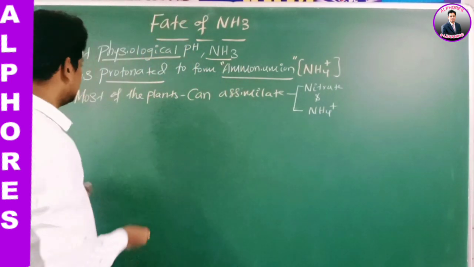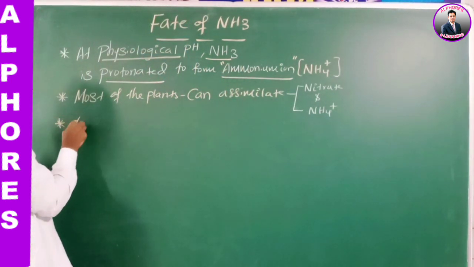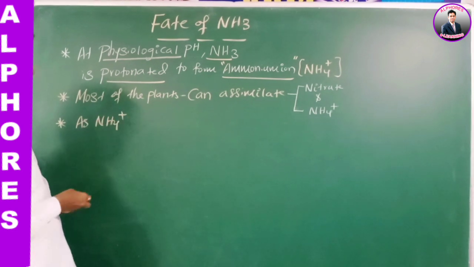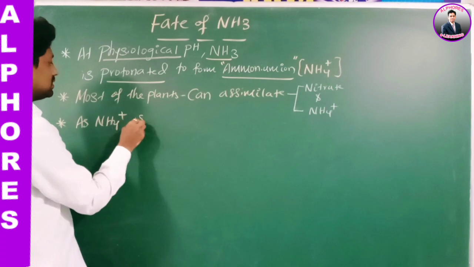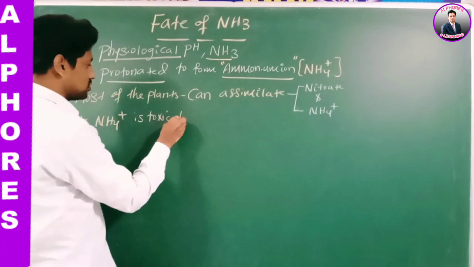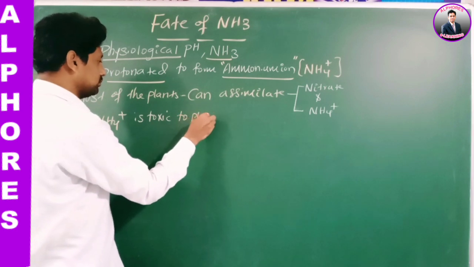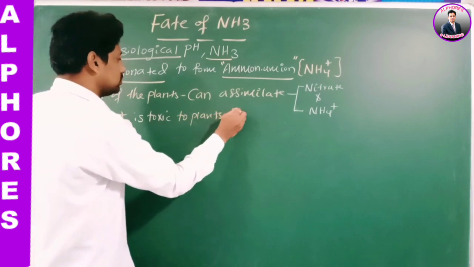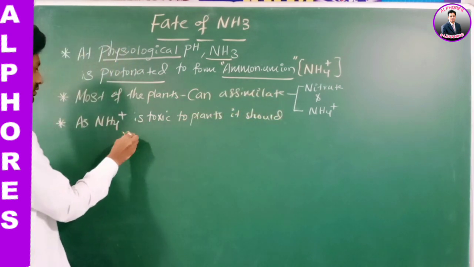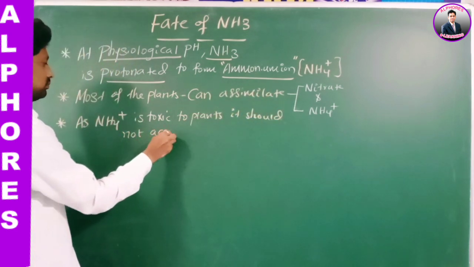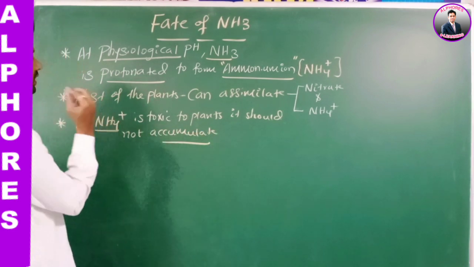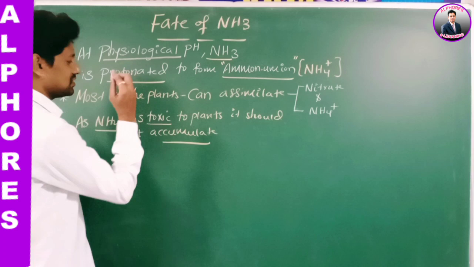Ammonium ion. Ammonium ion is toxic, toxic to what? Plants. It should not accumulate. What should not accumulate? Ammonium ion should not accumulate. Why? As it is toxic.